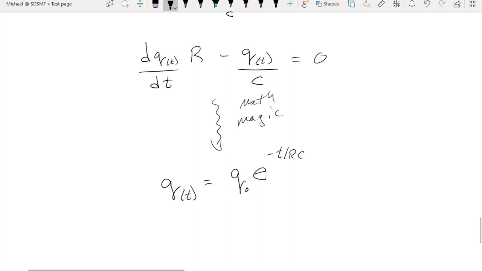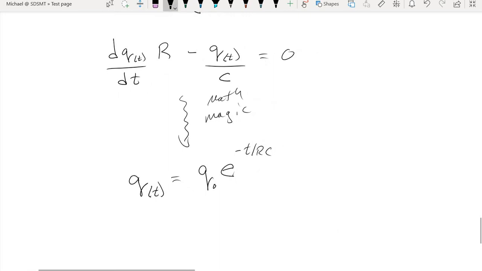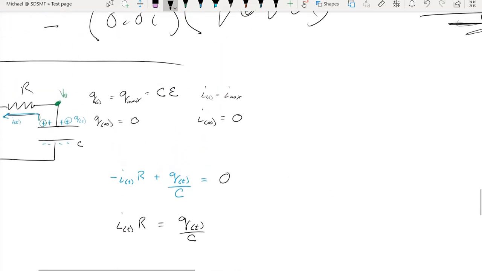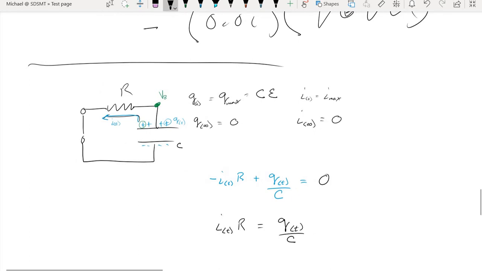Well, what's this Q naught here? Well, that's the initial amount of charge that you had on your capacitor when you flipped the switch. And that has already been established for us. After we were done charging this capacitor and we flipped the switch, this was how much charge was on that capacitor. Now please note, this is the maximum charge.